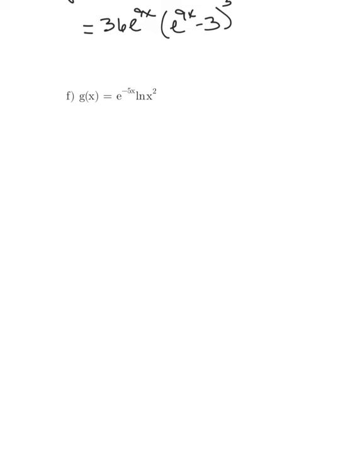The last item in example 1 has the function g of x equals e to the negative 5x power times the natural log of x squared. Because there is multiplication understood to be happening between the e and the natural log, what you need to recognize then is that you need to use the product rule, where the e to the negative 5x is your first and the natural log of x squared is your second.